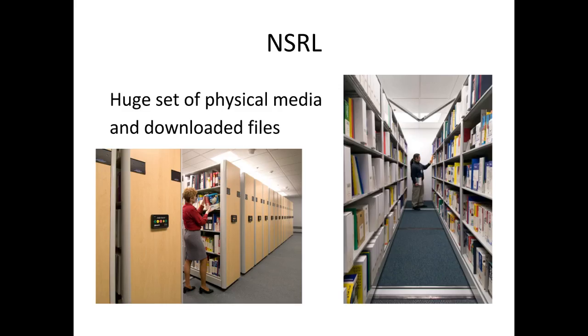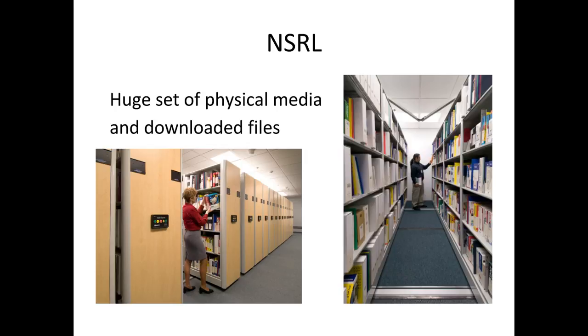Now, the reference library itself is actually a set of physical media, downloaded files, etc. It isn't just this large database of hashes associated with illegal images. But it's important for you to know that this exists, so that you have an idea that it is there.